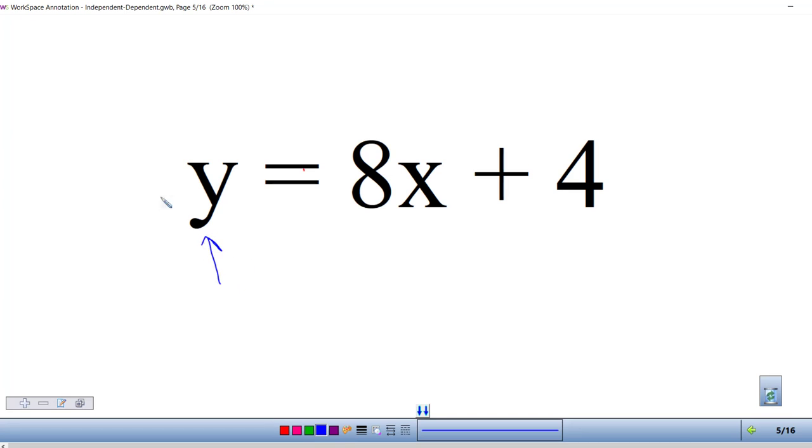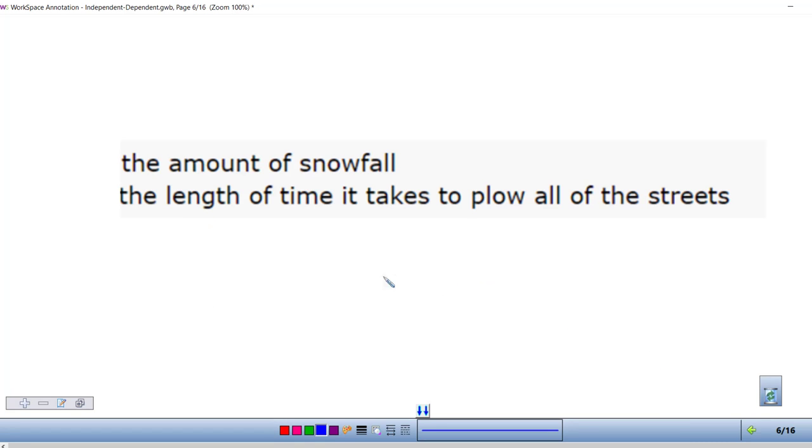Okay, the y is by itself, that's our dependent variable. X is our independent variable, not 8x, just x. Our independent variable is the one where we would put our input to plug in. The amount of snowfall and the length of time it takes to plow all of the streets.